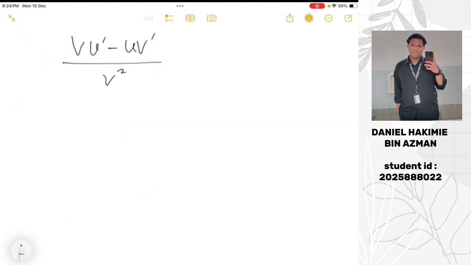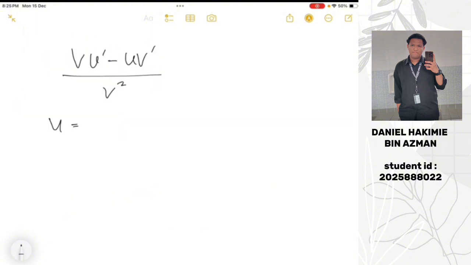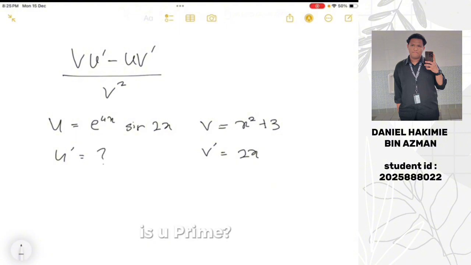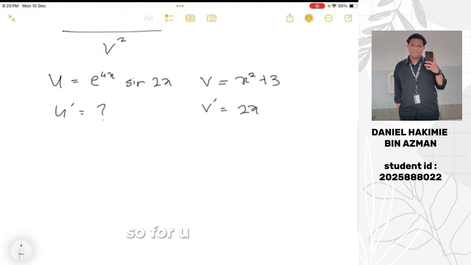For the second step, differentiate each part. u is e^(4x) sin 2x and v is x^2 + 3. v' is 2x. So what is u'? For u', we use the product rule.